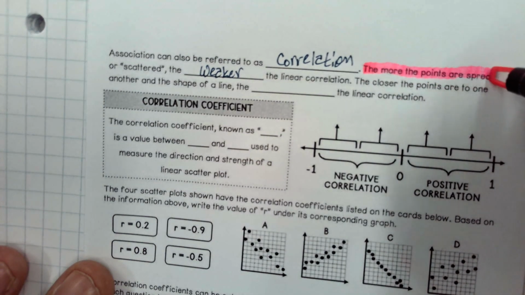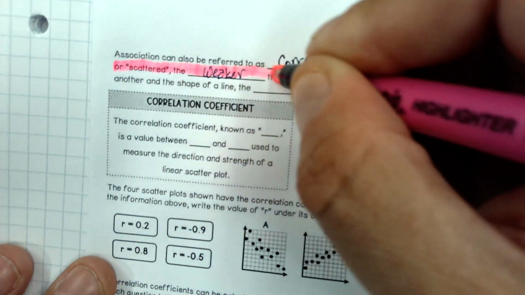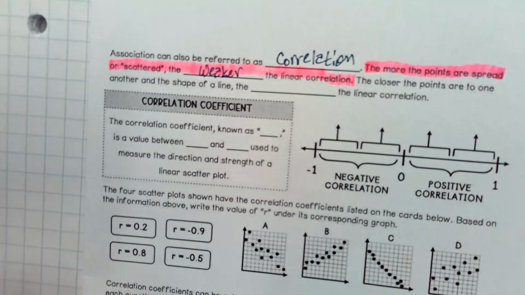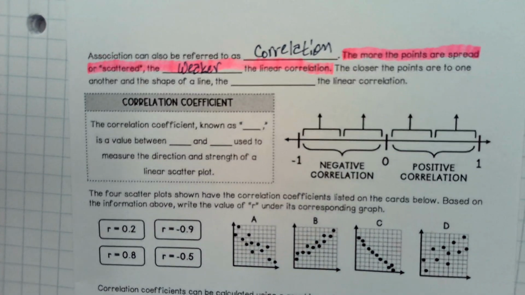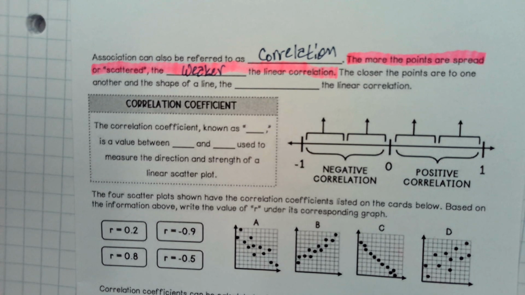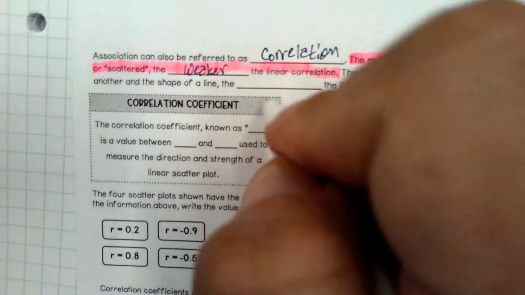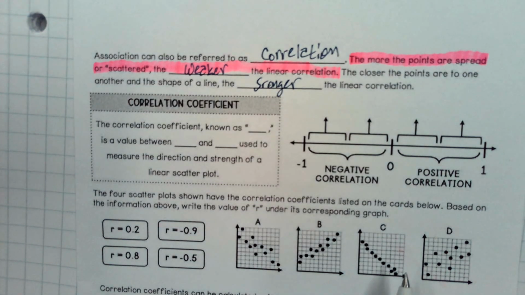The more the points are spread, we also say that they're scattered, the weaker the linear correlation is. In other words, the closer they are to forming a nice line, the stronger the correlation is. Okay? So when they are tighter together and they form the shape of a line, we say that it has a strong or stronger correlation. Okay?